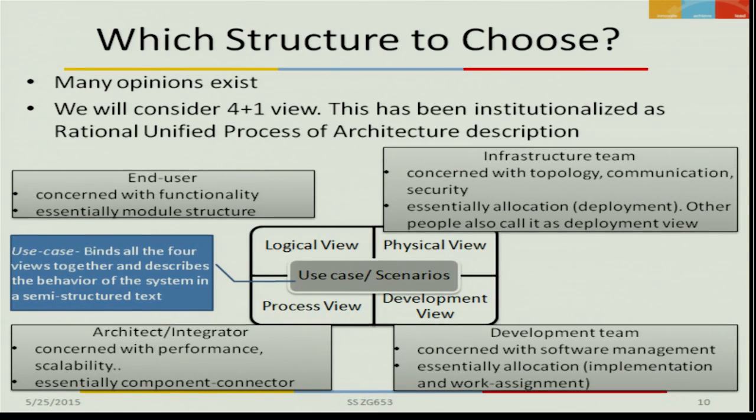Those tools will give you these 4 views, and you can describe your own architecture using these notations. So whatever has been taught as a part of module structure, allocation structure or component connector structure, those elements already exist or will be existing in the tool itself, so you can just use those to describe your architecture.